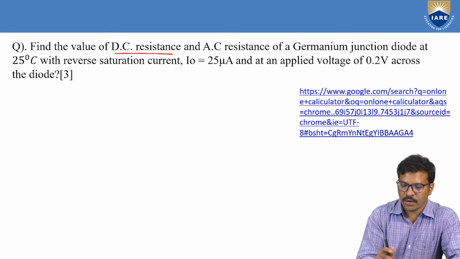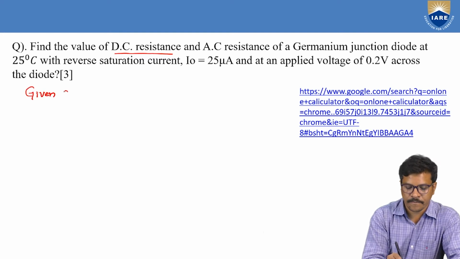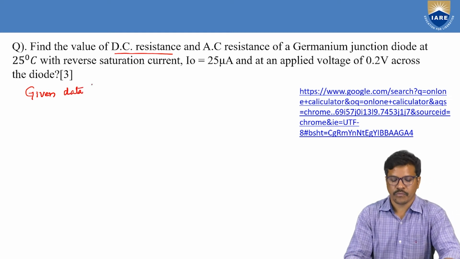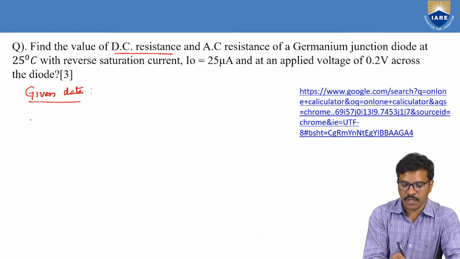So the given data of a germanium diode: eta is equal to 1 for germanium.